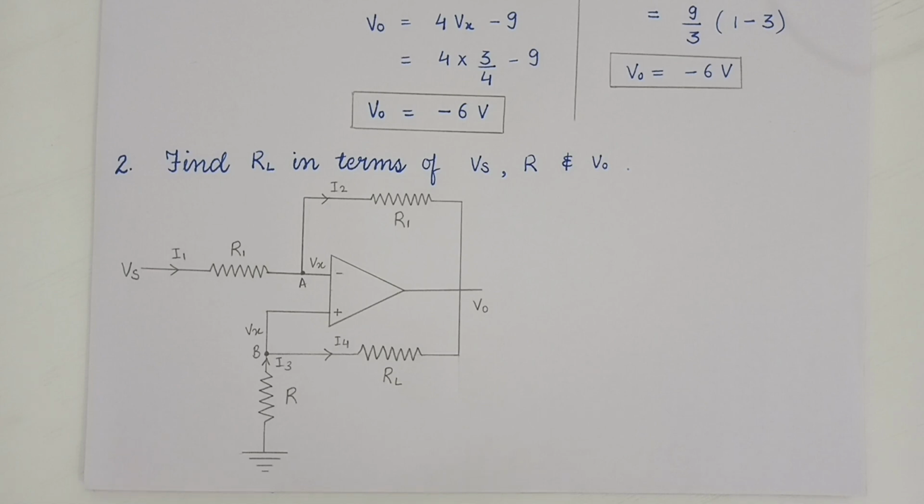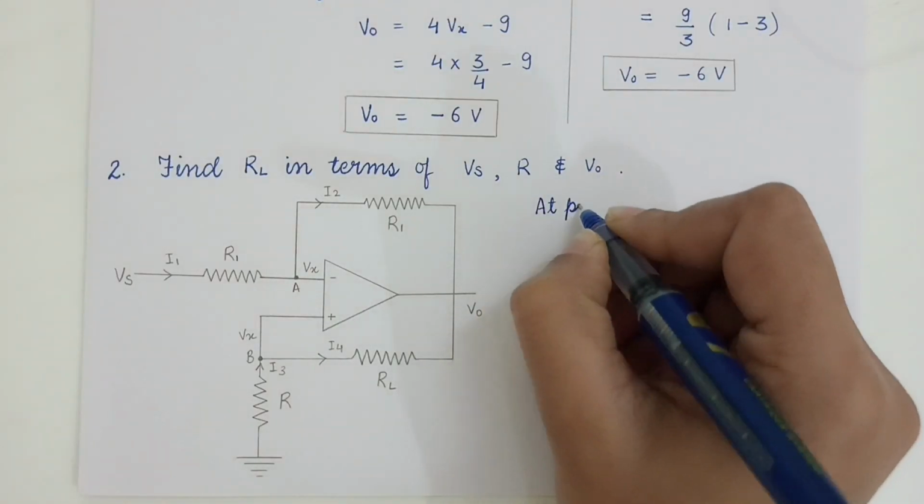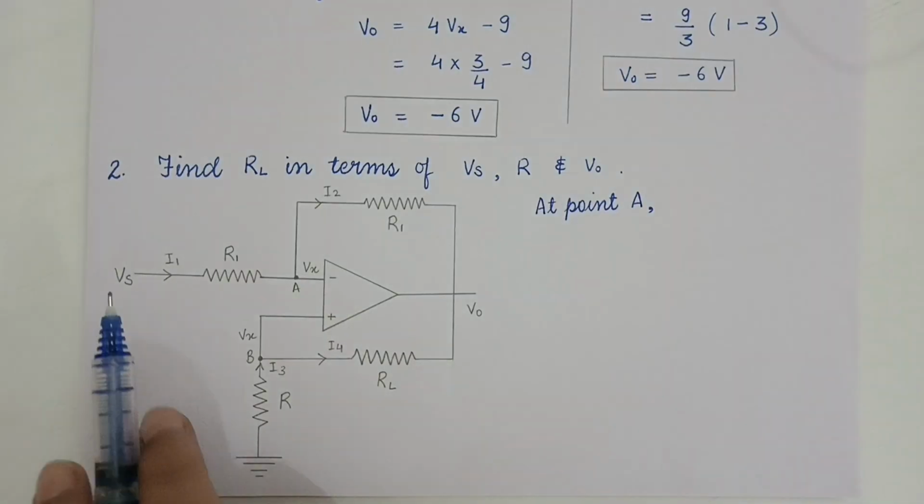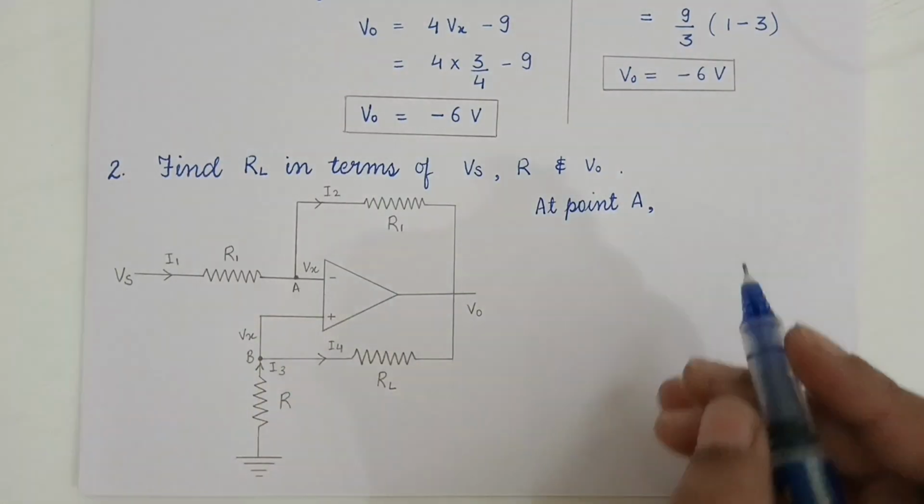Now let's solve it. Let's first solve it for point A. From here we will get the value of Vx, and using that value we will put it while solving at point B, and we will get the load resistance. Let's see. So at point A, I1 is equal to I2.